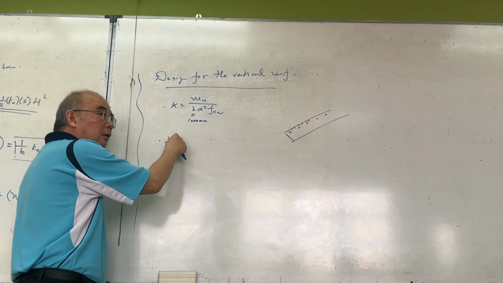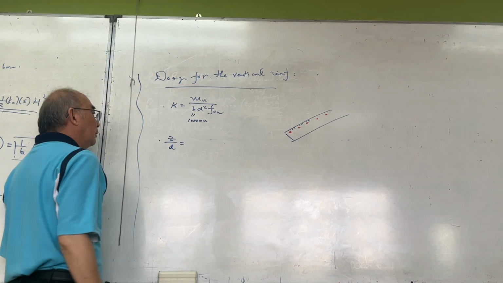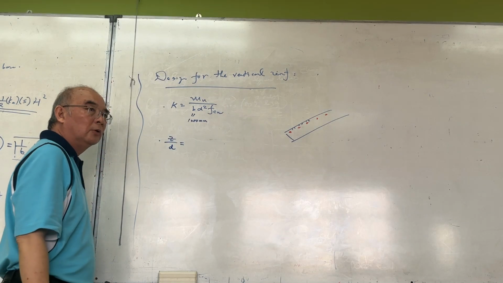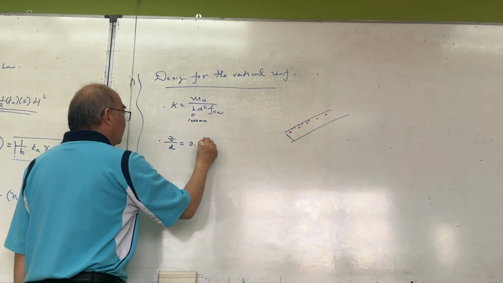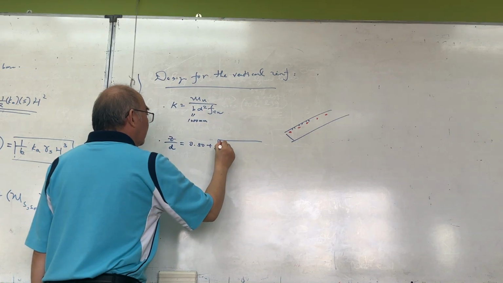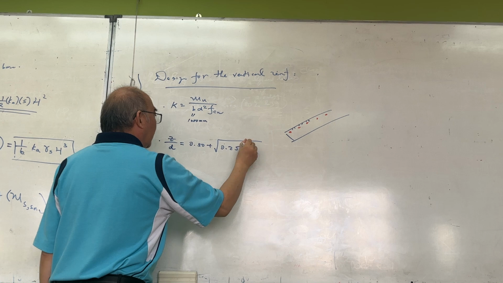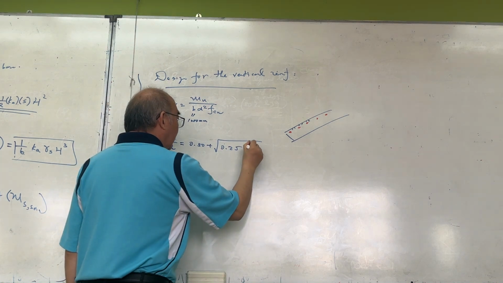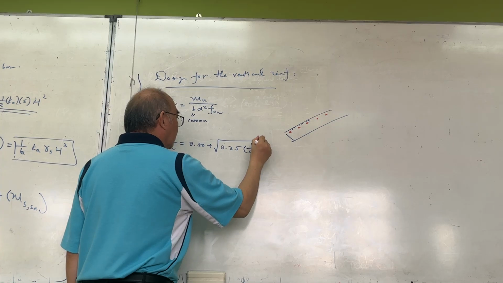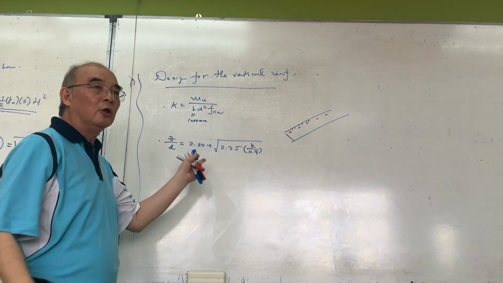Okay? I think it's Z over D, that's correct. Lever arm. Okay? Z over D, this one is 0.5 plus square root of 0.25 minus K divided by 0.9. This is given in the code, right?